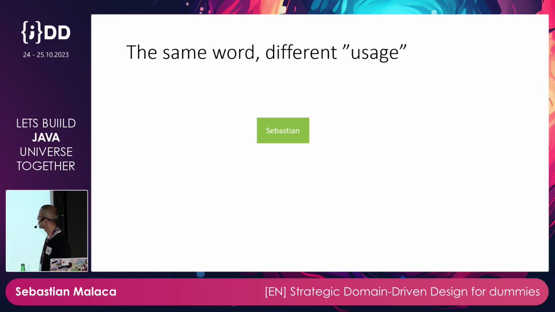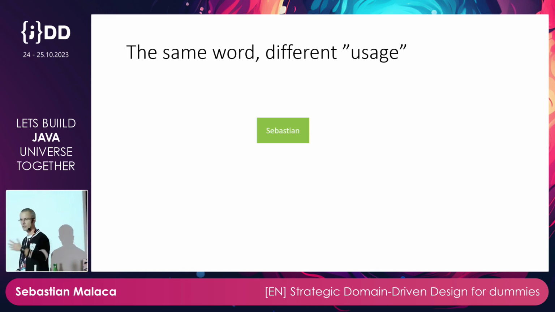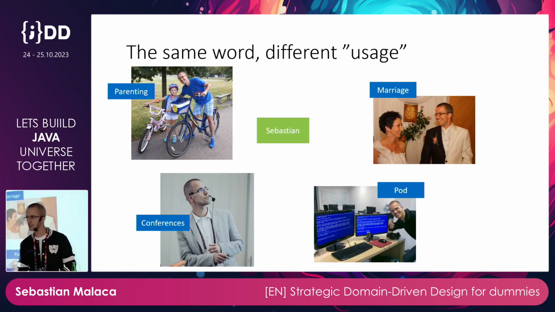Another thing, the same word refers to the same entity, but with different usage. So it's Sebastian. I'm Sebastian Malaca, just to remind you. If you are thinking about usage of Sebastian, you can think, okay, these guys at least read something about JDD because he could give a talk about that. This is what you can think. But there are different contexts.